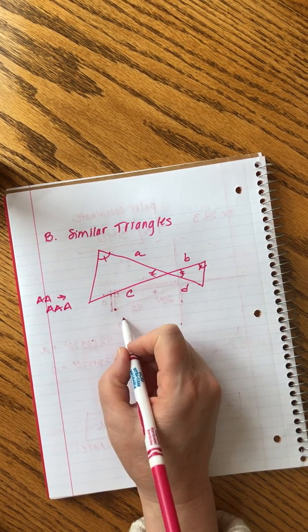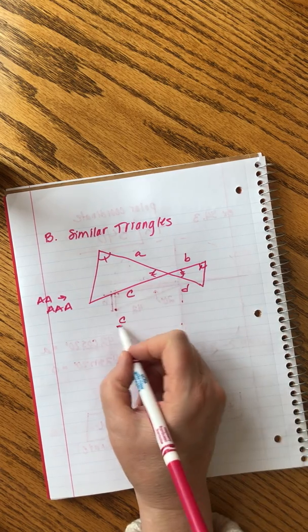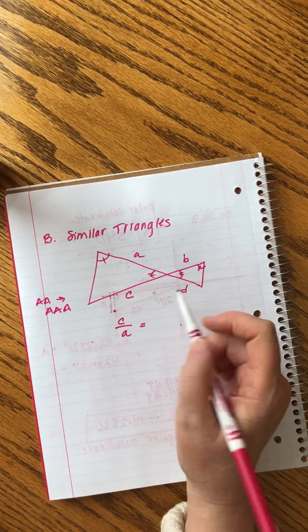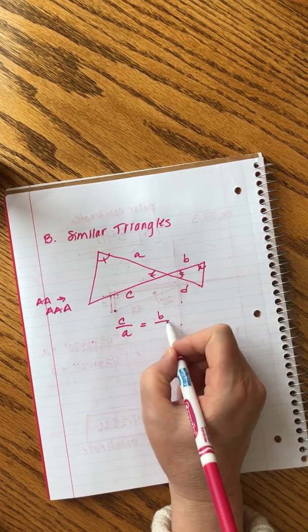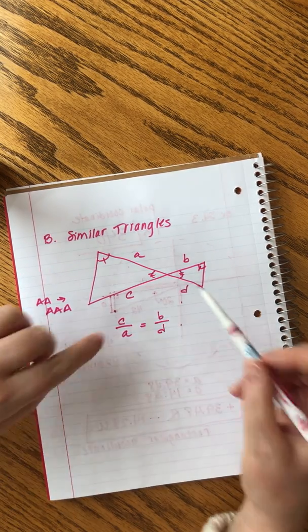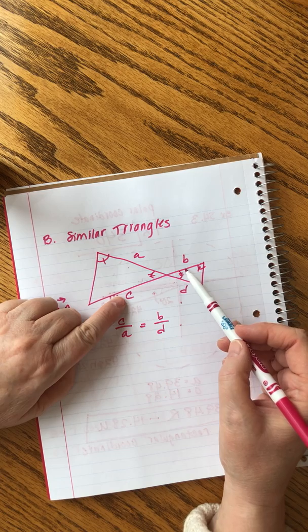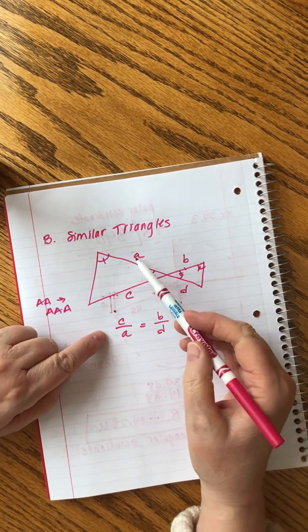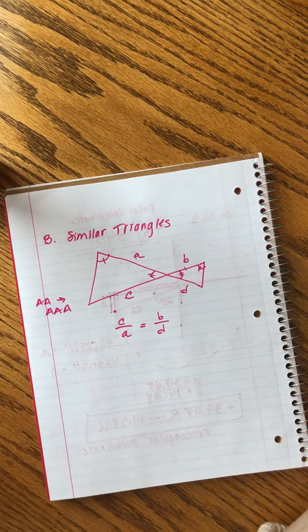He says the length of side C in proportion to side A is equal to B over D. And I agree, these two sides are proportional, and these two sides are the same. Okay, so I would have done A over C equals D over B, but whatever.